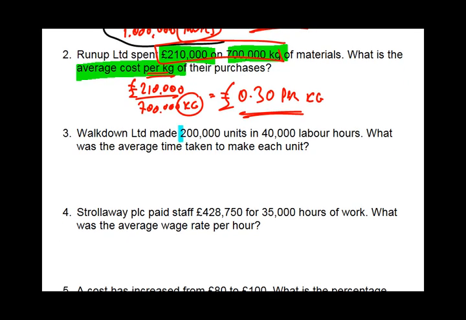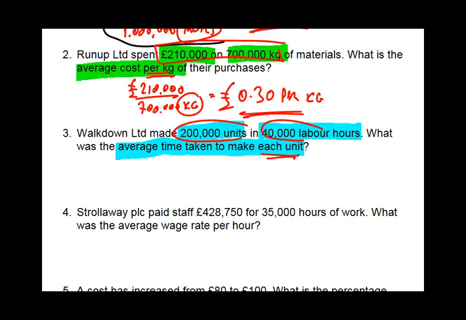Walkdown Limited made 200,000 units in 40,000 labour hours. What was the average time taken to make each unit? So how many hours would be required per unit? Now, if we're doing it per unit, we're going to divide the number of labour hours by the number of units.